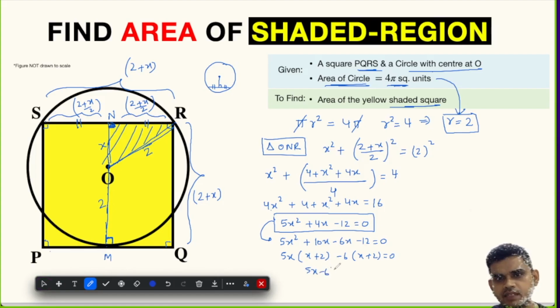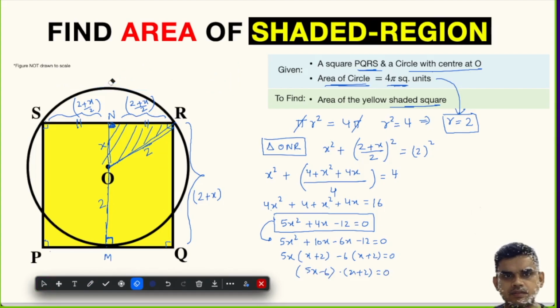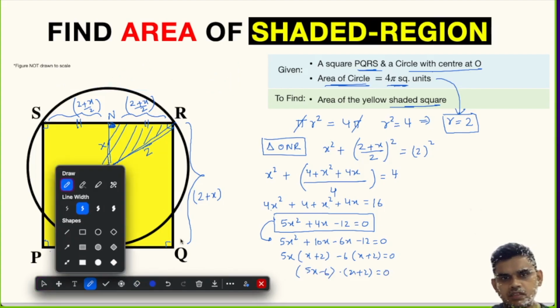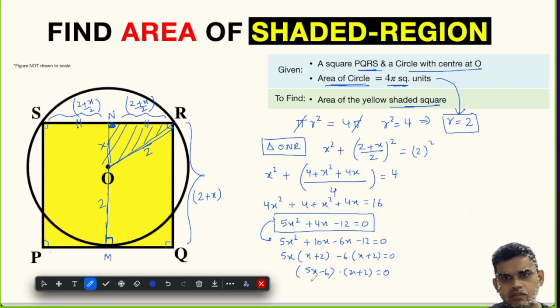So (5x minus 6) times (x plus 2) is equal to 0. So either 5x minus 6 is equal to 0 or x plus 2 is equal to 0. If x plus 2 is 0, x is negative 2. And if 5x minus 6 is 0, x is 6 over 5.